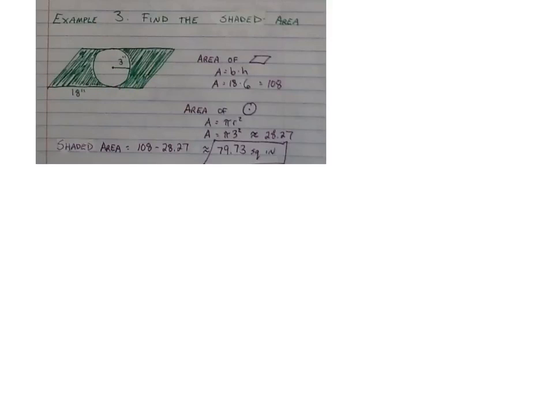The height is not explicitly stated, but the circle enclosed inside has a radius of 3, so the height is going to be 6 inches. So the area of our parallelogram is 18 times 6, or 108 square inches.